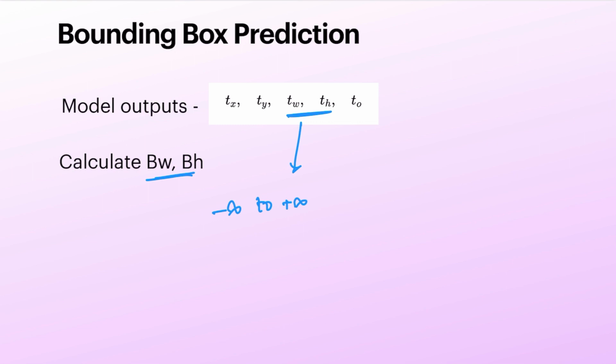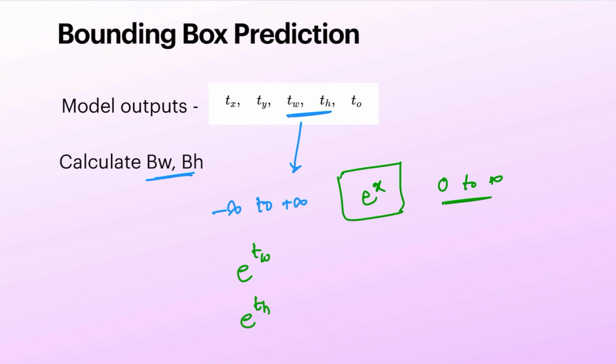It can be 1 point something, 2 point something like that, but it cannot be negative. So the output range should be 0 to infinity. Now what should I use here? If I use the exponential, it will convert the values into that range. So that is what we will do here: exponential of tw, exponential of th.